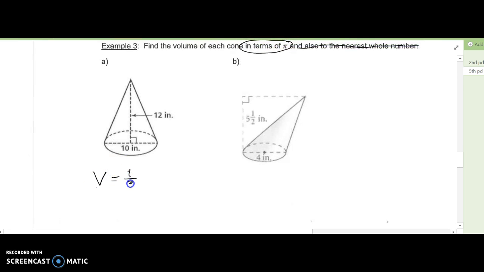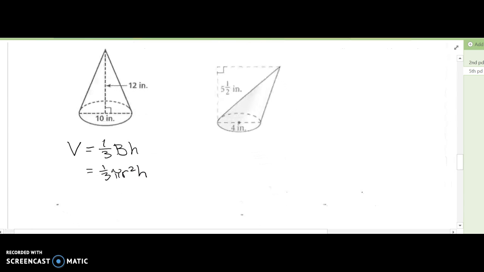Volume is 1/3 area of the base times height, and that base is going to be a circle, so that's 1/3 pi r squared h. In this case, the diameter is 10, and so the radius is 5. So we're going to say 1/3 times pi times 5 squared times our height, which is going up the middle, so that's 12. It's already there.